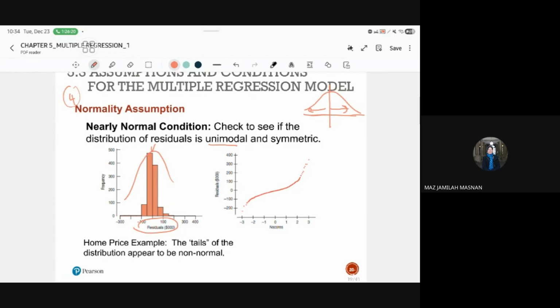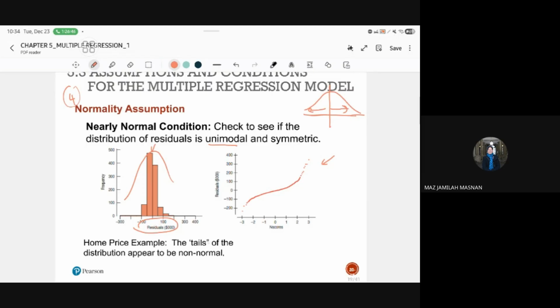But in terms of plotting this particular plot, as what you have in your Excel last time, I did not explain on that. So you will have what we call a residual plot that shows the normality of this particular variable.